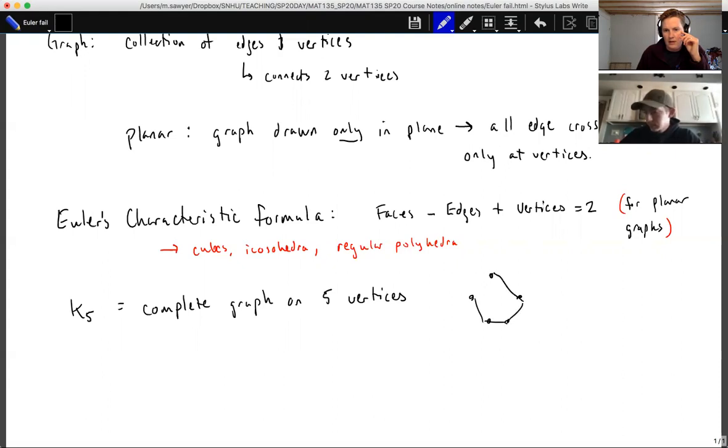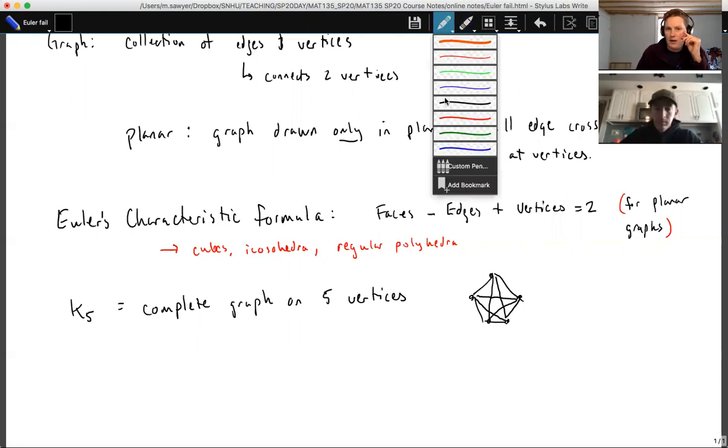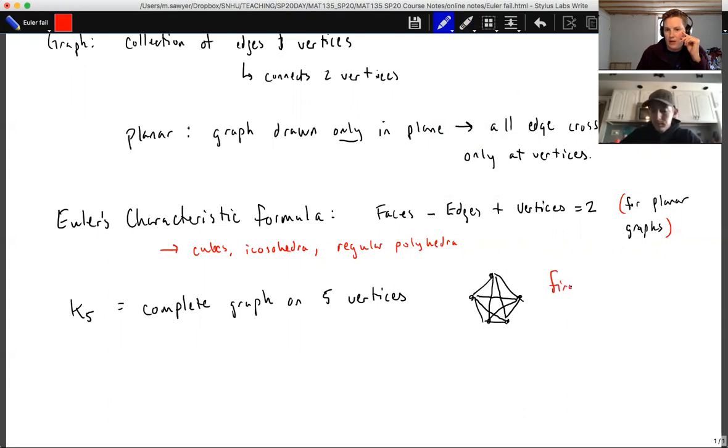So we had the pentagon on the outside, and the star embedded on the inside. So K5 is the first complete graph that's not planar. So it's the first non-planar complete graph. And we saw that when we played around with it, we tried to drag the edges and we couldn't figure out a way to make that planar.